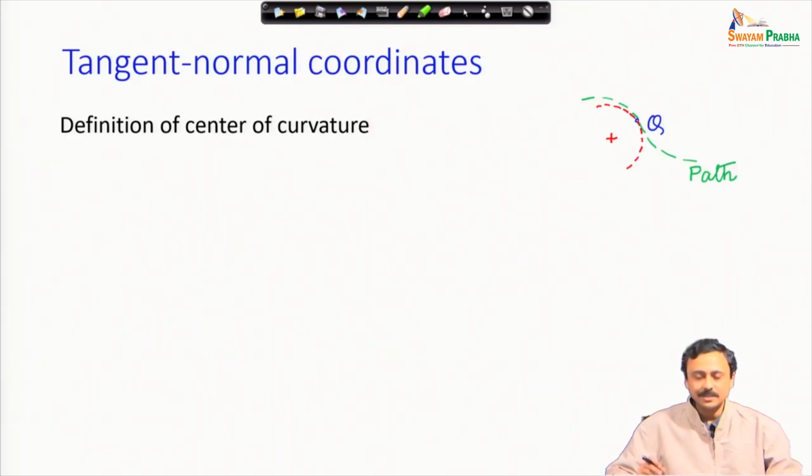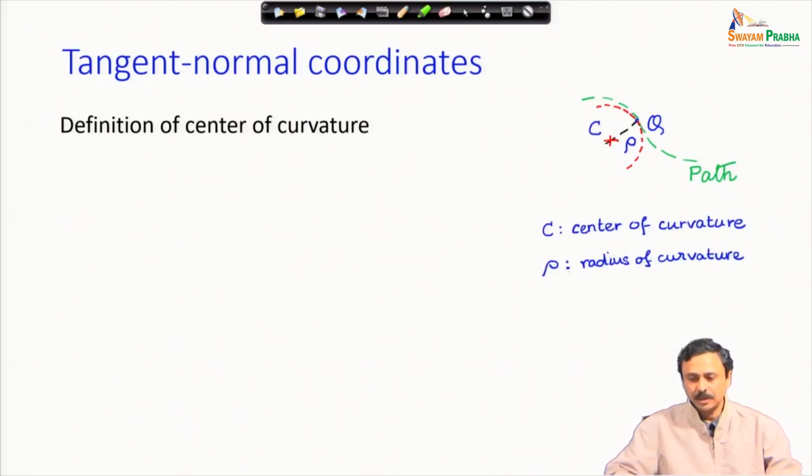That red plus symbol signifies the center of curvature. So, it is the center of the circle that matches with 3 infinitesimally separated points around this location of the particle. Therefore, this point C is the center of curvature and rho is the radius of curvature.